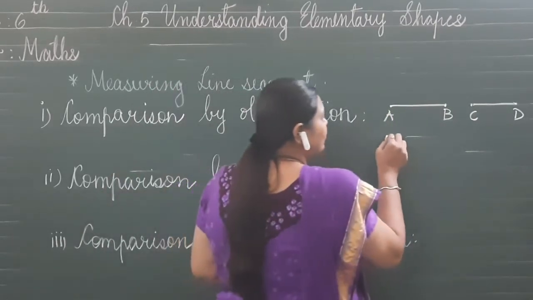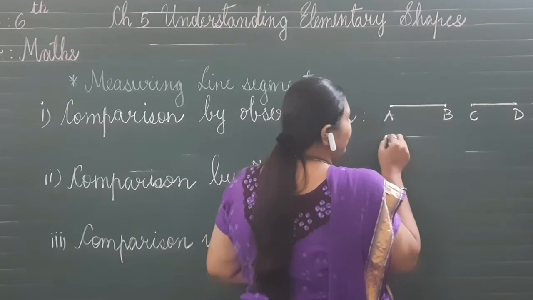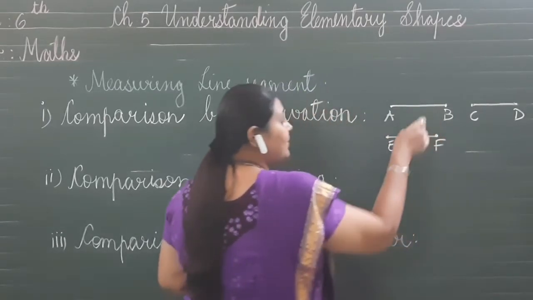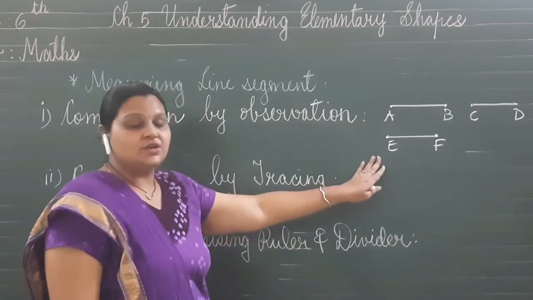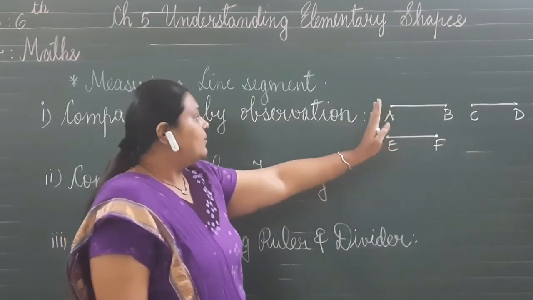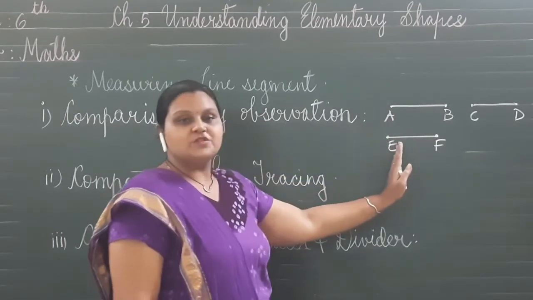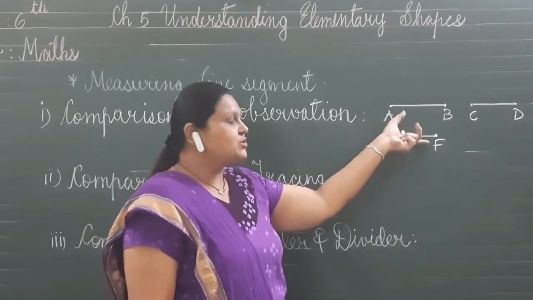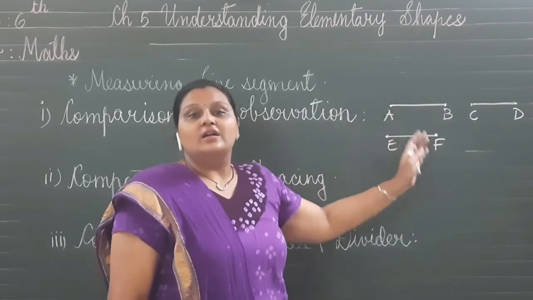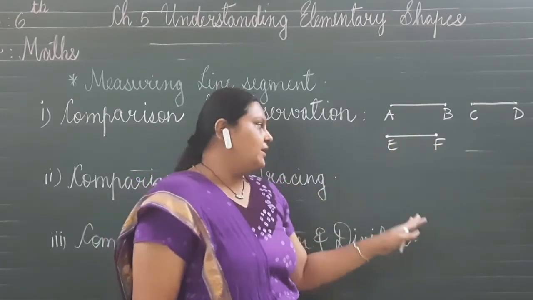But if I draw the line segments AB and EF, comparison becomes difficult. So this is the drawback of measuring a line segment by observation. We cannot measure correctly by observation when the measures are close.